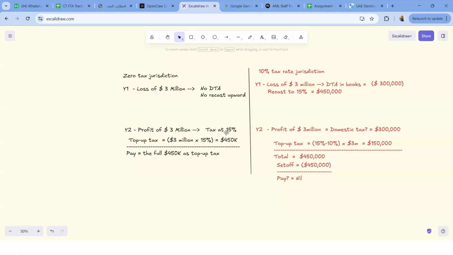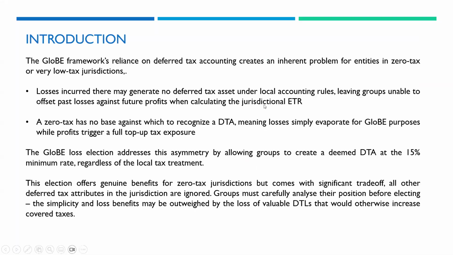Okay, no DTA, so past losses cannot be set off with future profits. A zero tax jurisdiction has no base against which to recognize a DTA, meaning losses simply evaporate for GloBE purposes, while profits trigger a full top-up tax exposure. Did you understand that?